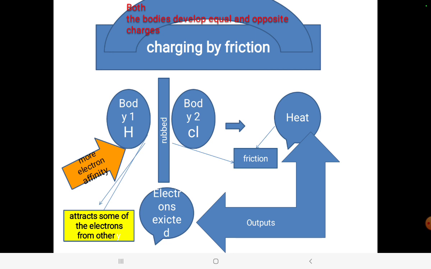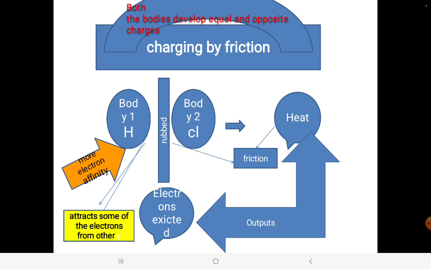So hydrogen has a high electron affinity, that means it attracts some of the electrons from the other, chlorine. Yes, this is what I gave: because of the friction, heat energy occurs.